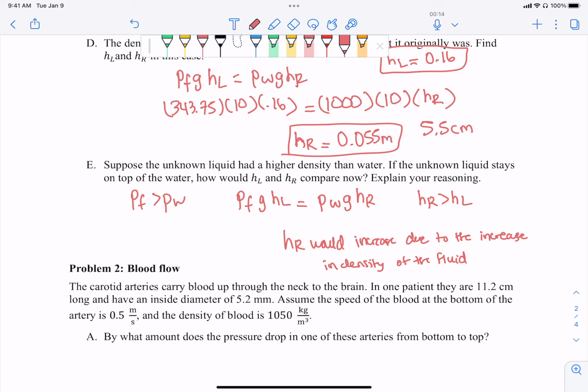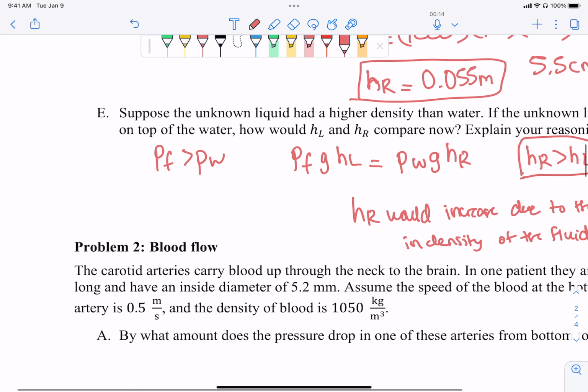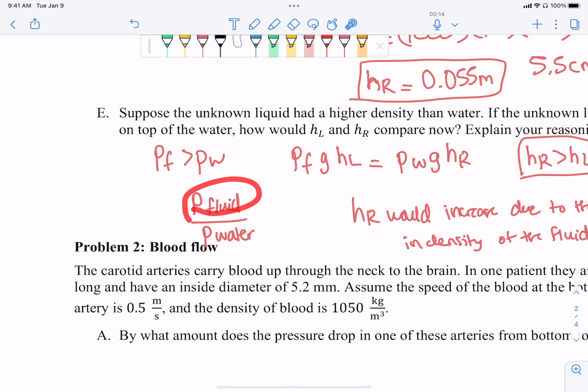And in fact, we can also say that HR is actually greater than HL. If we take the density of the fluid, and we know that it's greater than the density of the water, then P fluid over P water, that ratio, is greater than 1.